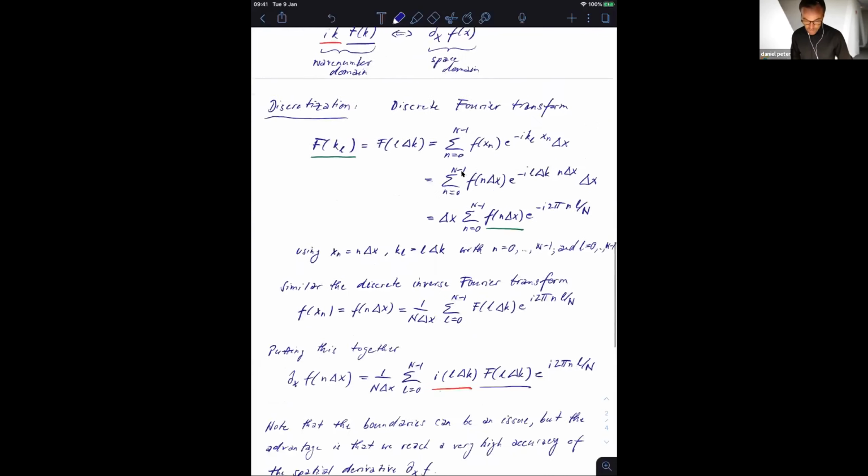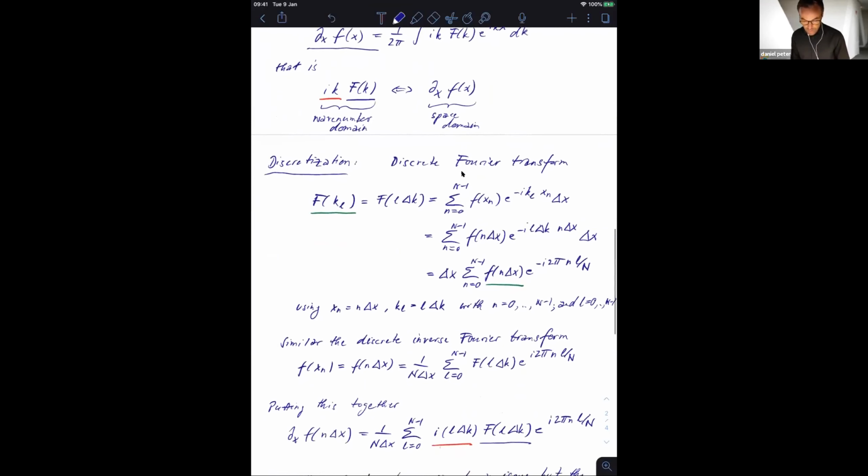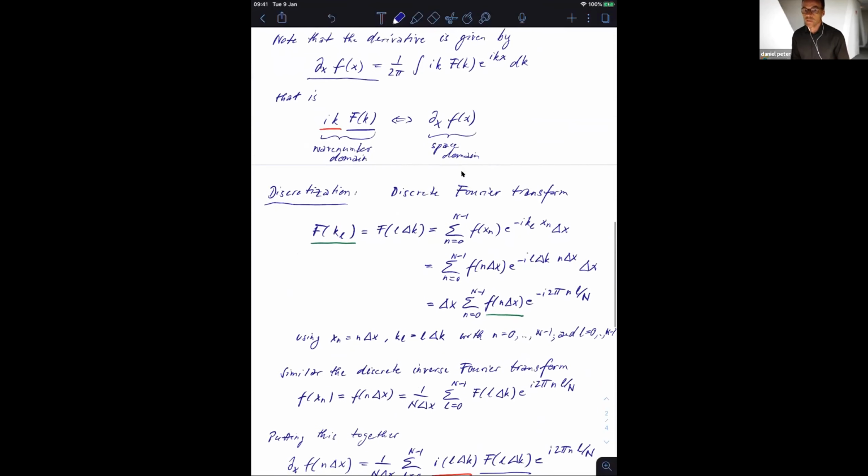Because you see, it's mostly due to this effect that the derivative in the wave number domain is exactly ik times the function. So yes, there are pseudo-spectral methods which use different transforms, but let's say the easiest way of introducing it is by using the Fourier transform, and you see why it's the Fourier transform because of that spatial derivative behavior of it.